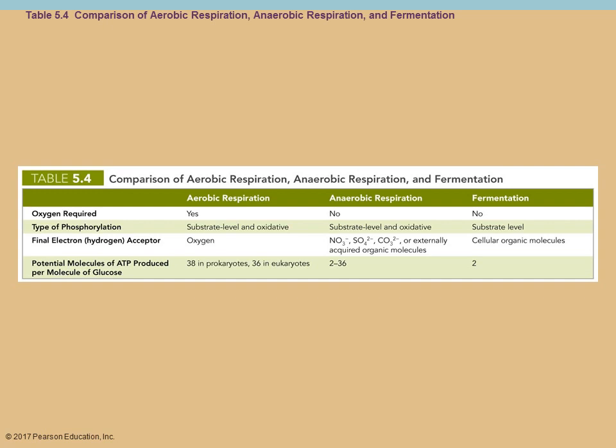Like I said, it allows you to keep going, producing a little bit of ATP. I mean, a little bit's better than nothing. This is a comparison of aerobic respiration, what we just went through, anaerobic respiration, where oxygen is not going to be that final electron acceptor, and then fermentation.